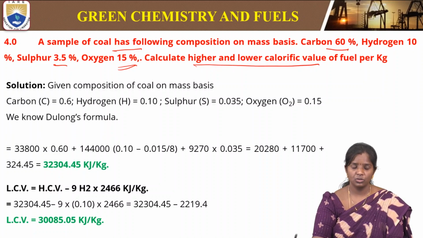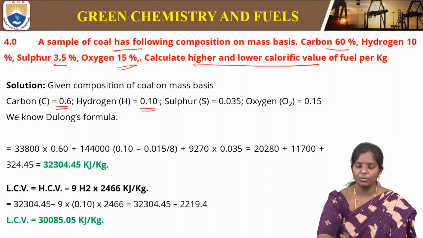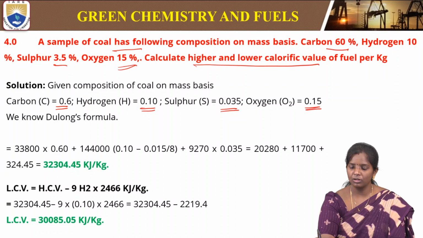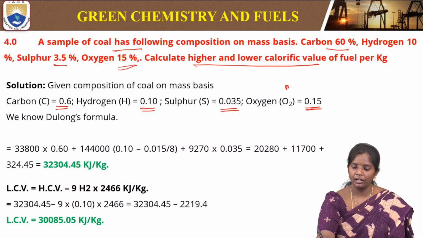Now convert into values: carbon 0.6, hydrogen 0.1, sulfur 0.035, oxygen 0.15. If there is oxygen, it means that it has moisture content also, so we get a higher value. It could be because of moisture also. It also produces steam, heat of steam.